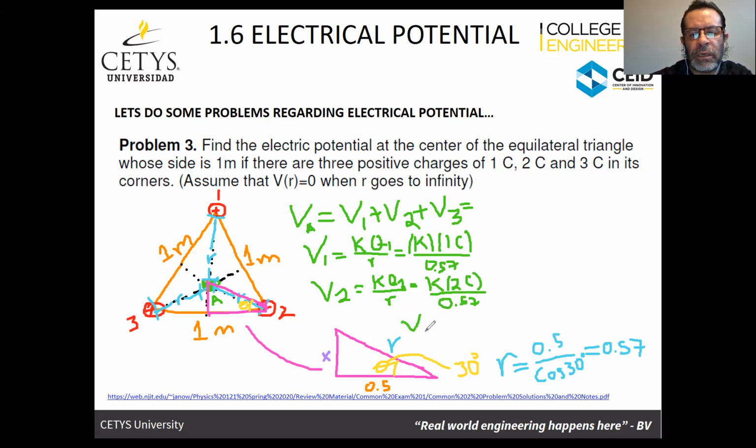And V3 is going to be exactly the same thing, K Q3 divided by R, but Q3 is equal to 3 coulombs. So please calculate those three values.